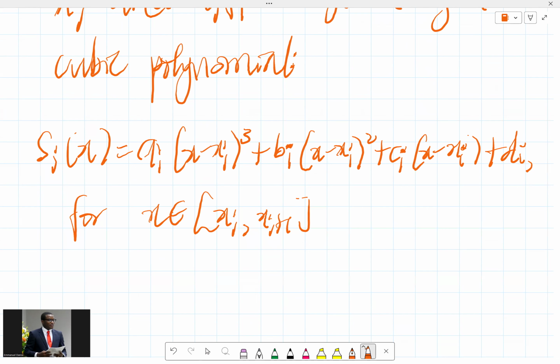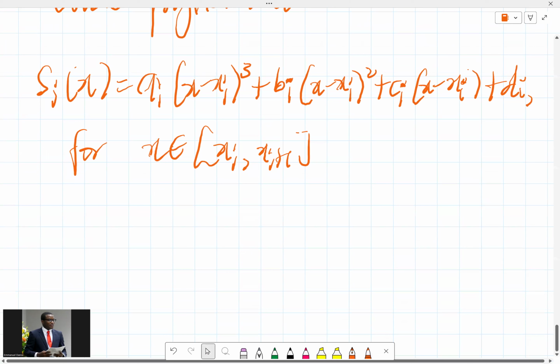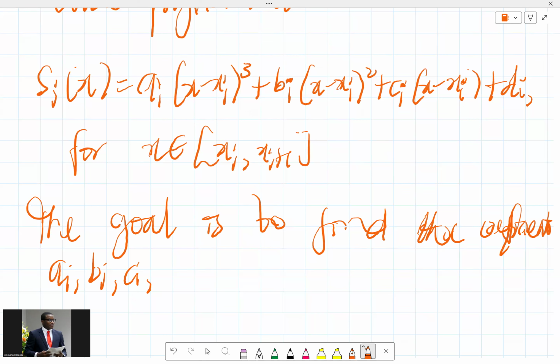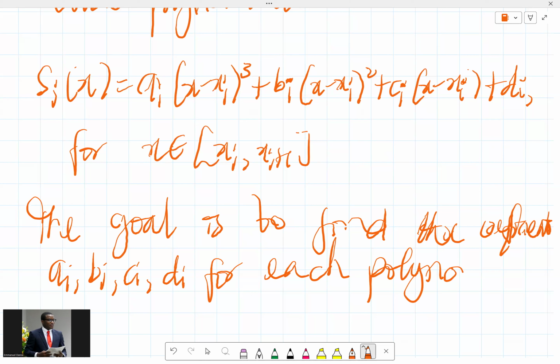That's for x1 to x2, like that. So at the end of the day, the goal is to find the coefficients. We are looking for the coefficients ai, bi, ci, and di for each polynomial. That's what we are looking for.